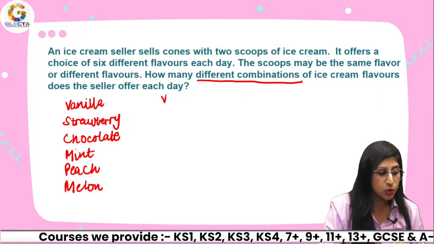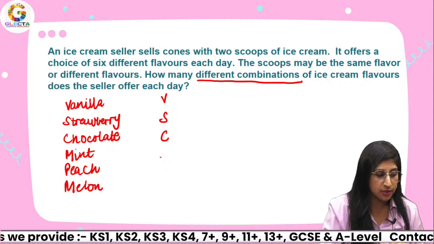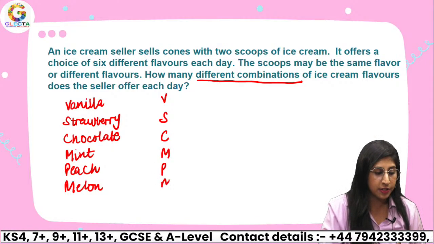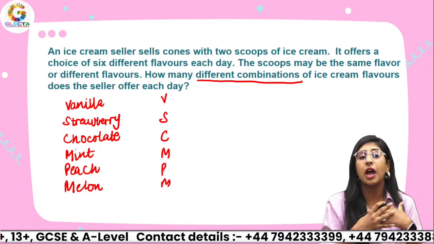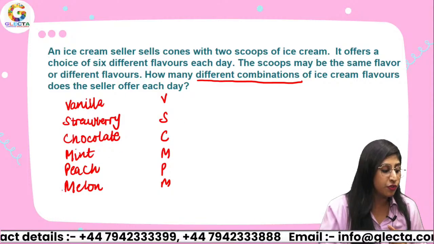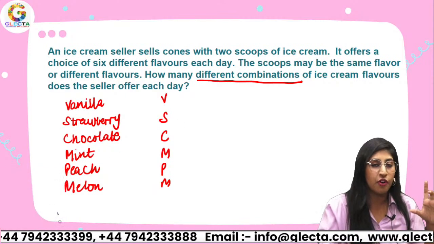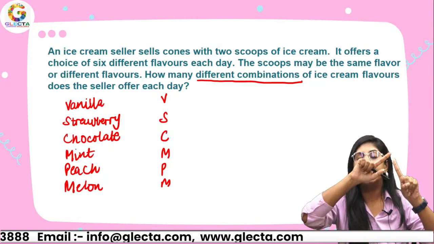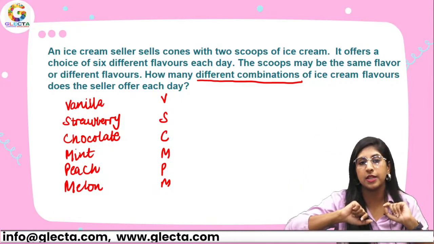So now these are 6 flavors that I have taken. And on the second scoop also, I have the same flavors: vanilla, strawberry, chocolate, mint, peach, melon. Let's try to figure out how many possible combinations are there. If I have fixed the first scoop as vanilla, now I have choices for the second scoop.